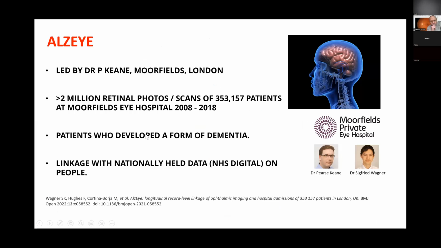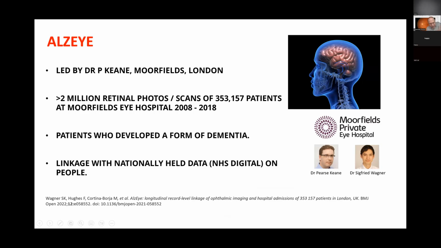Again, we don't have time to go into details. And the last collaboration I want to mention is with Moorfields at UCL in London. This is a group led by Dr. Peter Skeen, and Dr. Wagner here is one of the PhD students who explained the job.